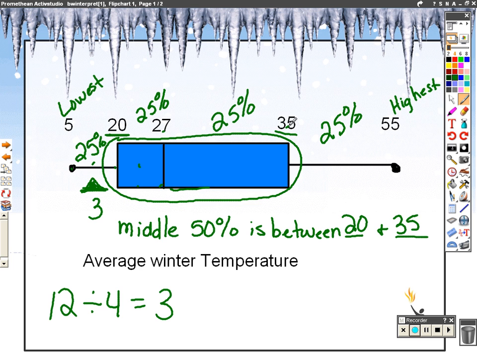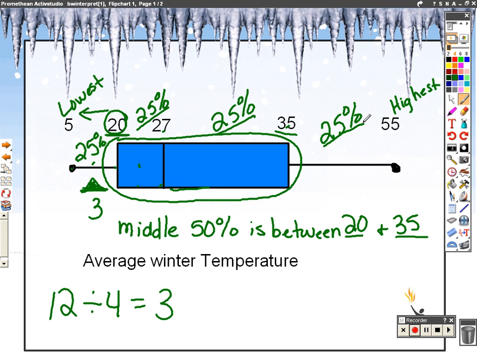All right, so if I asked you, 25% of the days the temperature was below this number, you would say, I would hope you'd say 20, because 25% is below it, and 25, 50, 75 is above it. Okay, let's try another one. 25% of the month's temperatures were above this number.